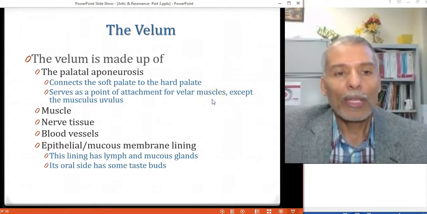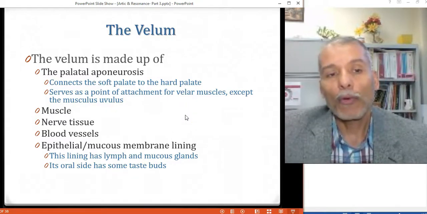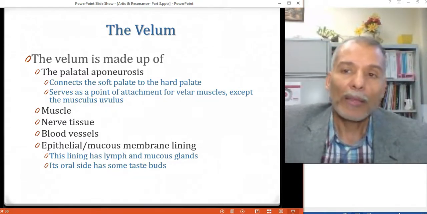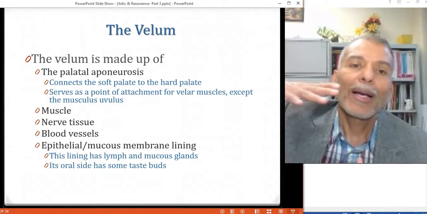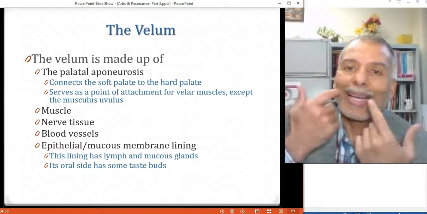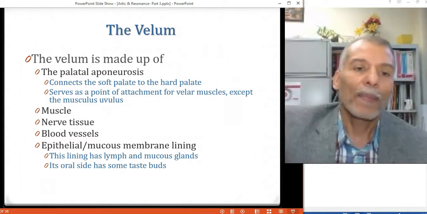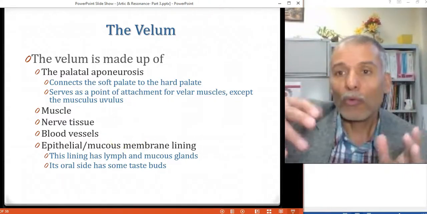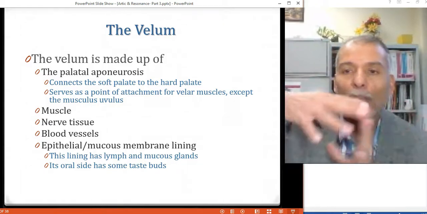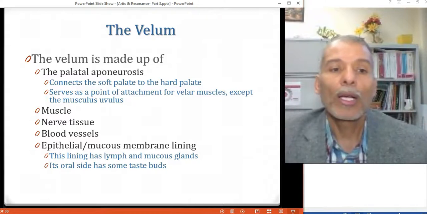So the velum basically is made out of a set of muscles, and these muscles are covered with an epithelial lining, a mucous membrane similar to what you find inside of your cheek. There are also blood vessels, of course, and nerve tissue embedded in there, so it can move the velum up and down and make it do its work.